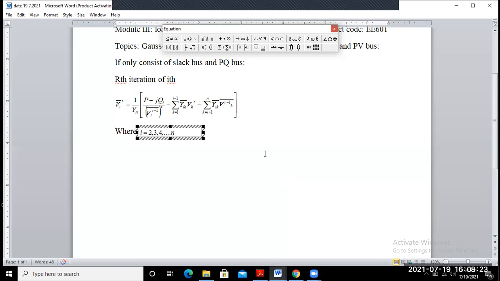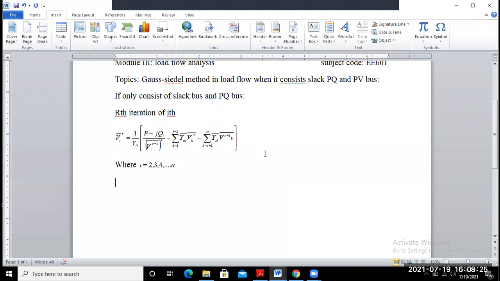Okay. Now, if we assume that this includes PV buses also, suppose that I equals 2 to m are PQ buses and m plus 1 to n are PV buses. Okay.